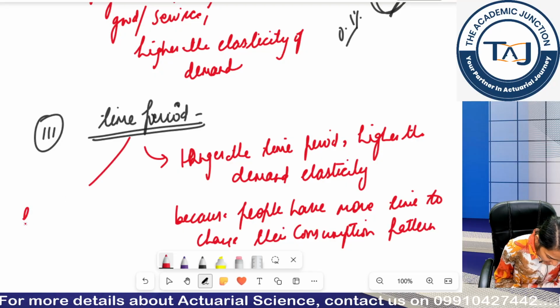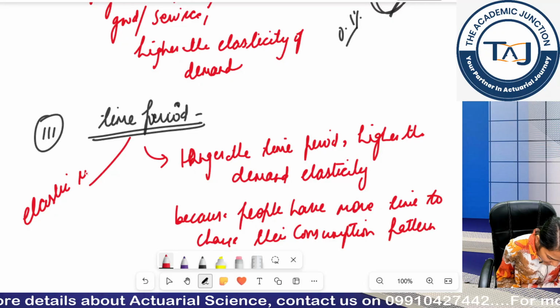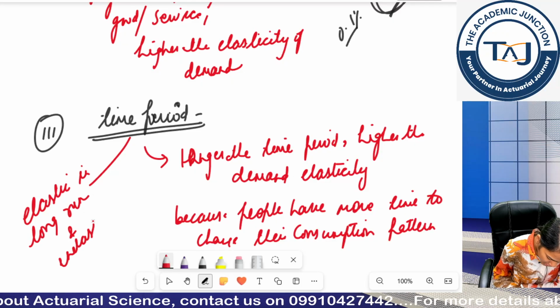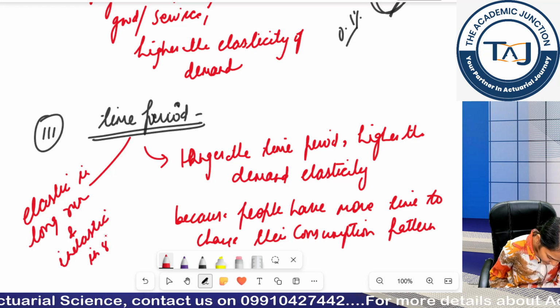So I can write elastic in the long run and inelastic in the short run.